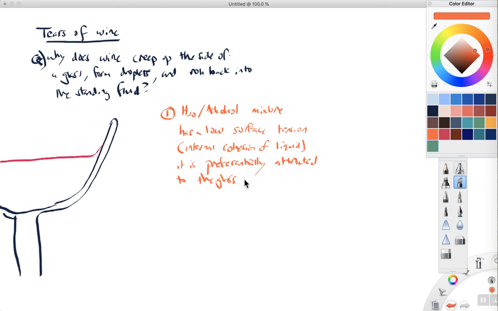Okay? And that implies that it will creep up the side.